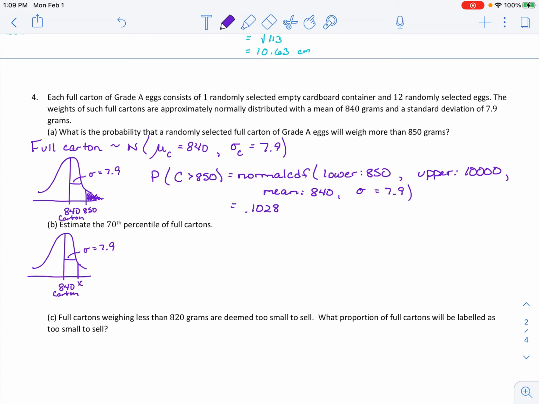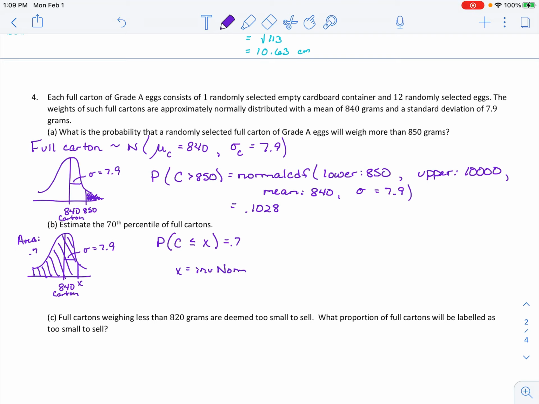I'll call it X. The area below it has to be 70% of the curve, because that's what a percentile is. It's the value below which 70% of the area falls on or below. So I'm going to say the probability that my random variable C is less than or equal to some number that I'm going to find is 0.7.